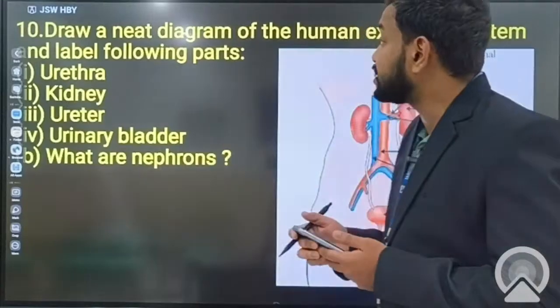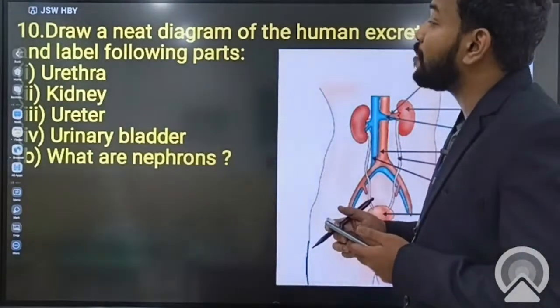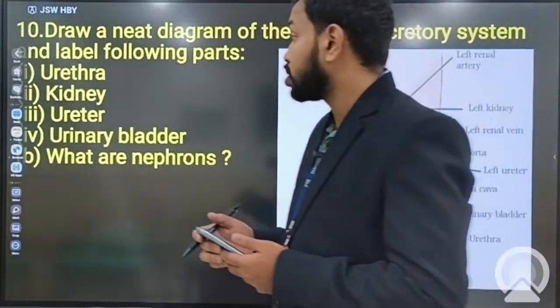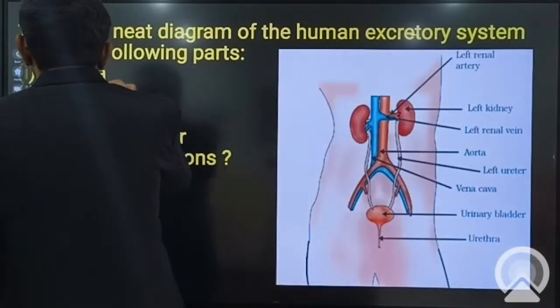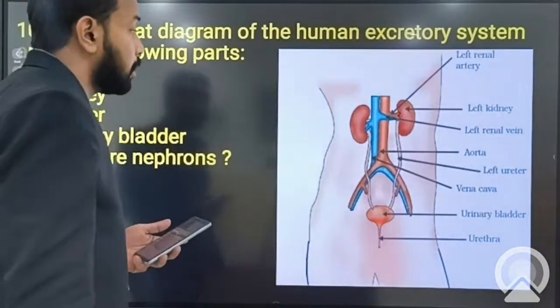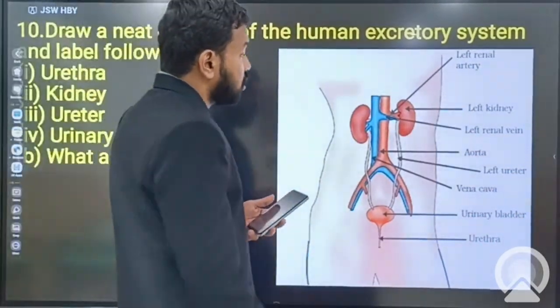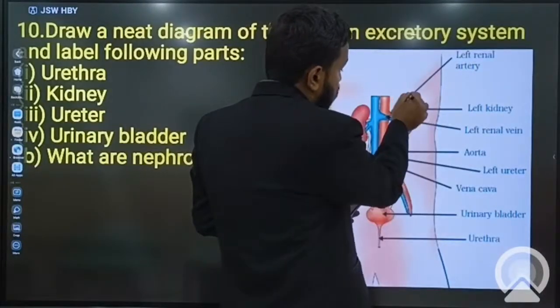Then the last question: draw a neat diagram of the human excretory system and label the following parts: ureter, kidney, urethra and urinary bladder. If we are drawing the kidneys, the left kidney must be at a higher position.